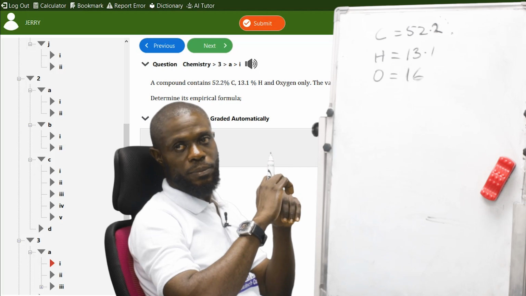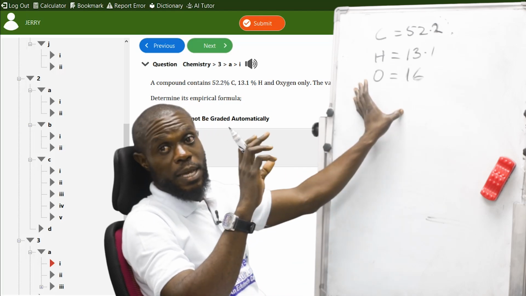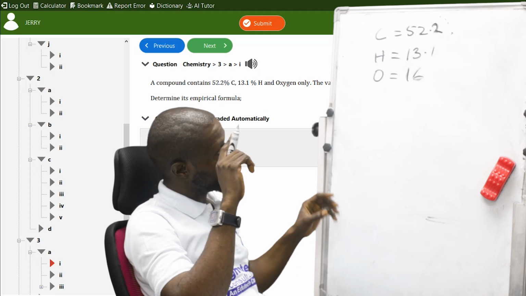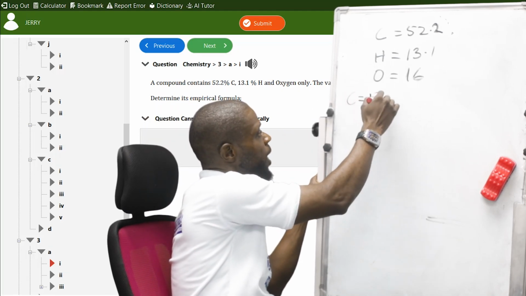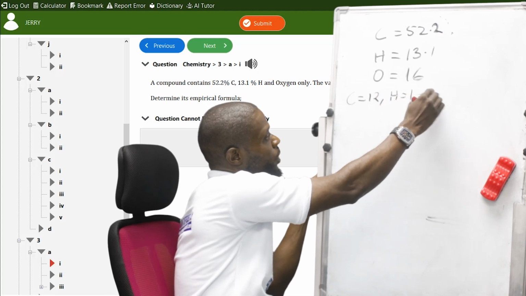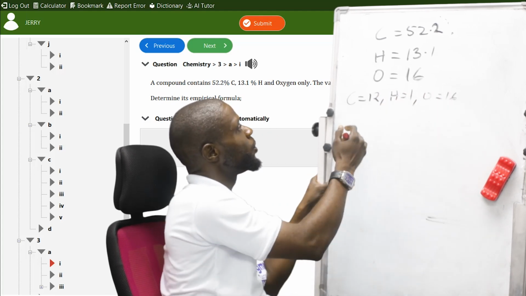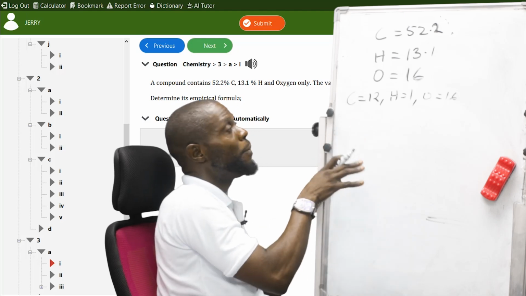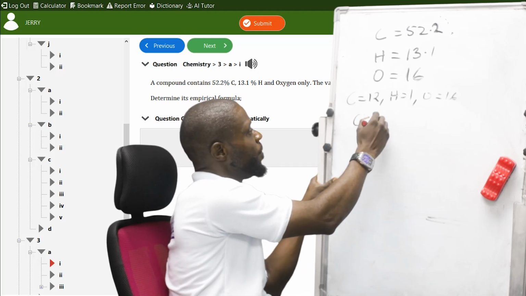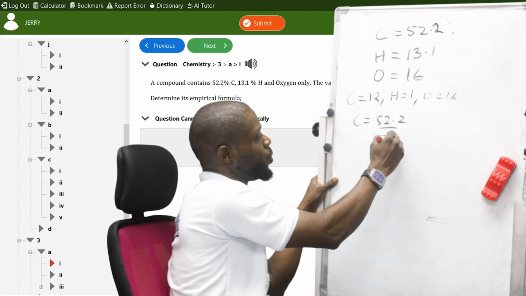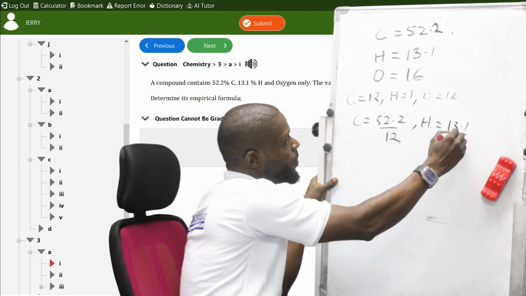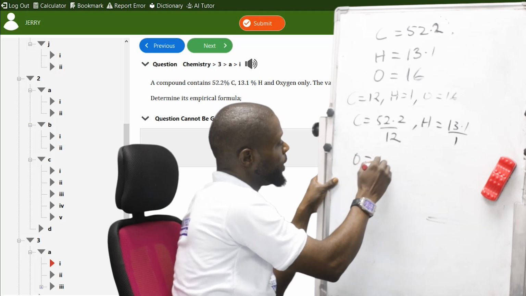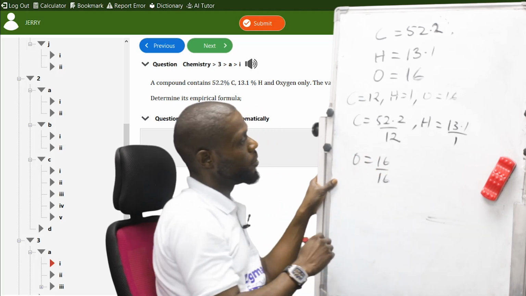Now, the second step says divide by their molar masses. Carbon's molar mass is 12, hydrogen is 1, and oxygen is 16. So carbon will be 52.2 divided by 12, hydrogen will be 13.1 divided by 1, and oxygen will be 16 divided by 16.